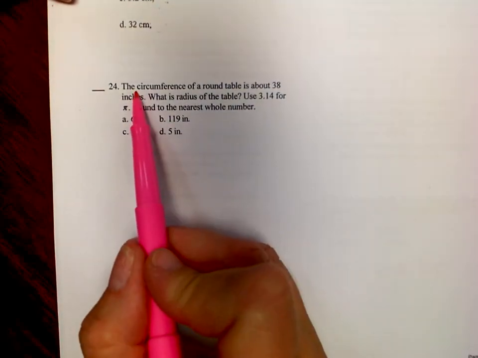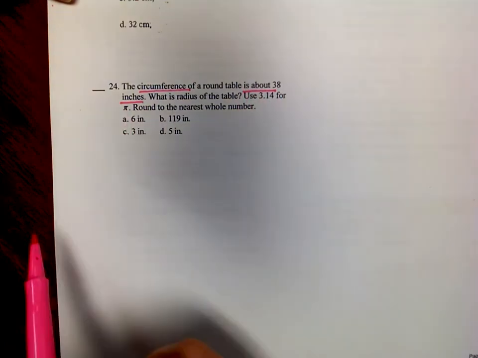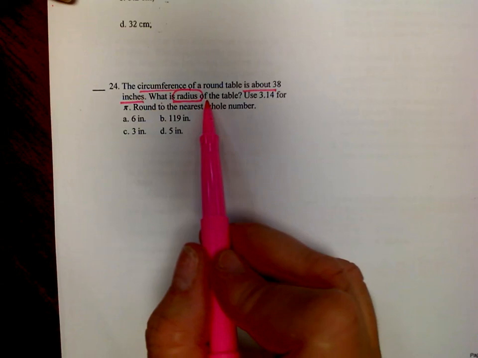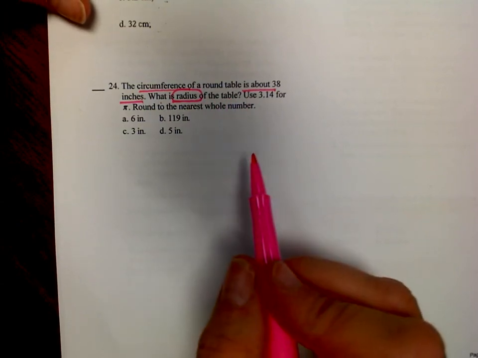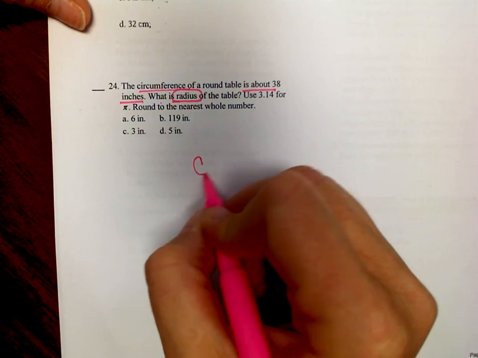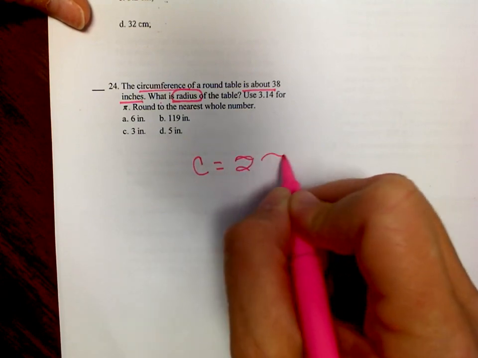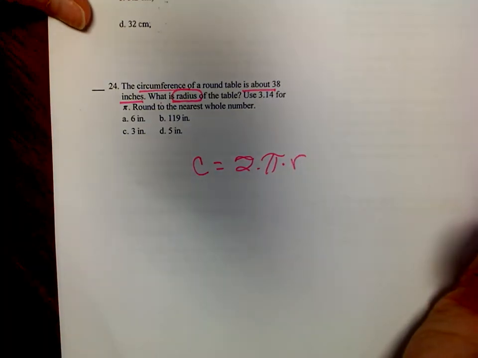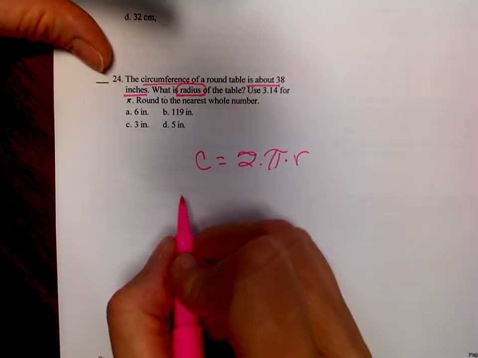Number 24. The circumference of a round table is about 38 inches. What is the radius of the table? Okay, this one's a little different, but it's not hard. Circumference equals 2 times pi times r. That's your formula. Fill in the information that you know. The circumference is 38 inches.